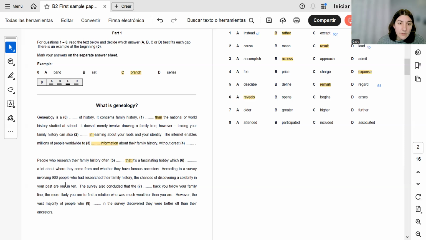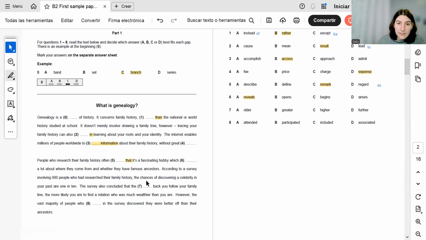According to a survey involving 900 people who had researched their family history, the chances of discovering a celebrity in your past are 1 in 10. Who knew? The survey also concluded that the back you follow your family line, the more likely you are to find a relation.